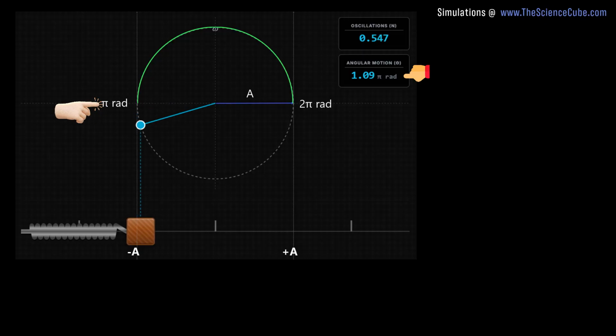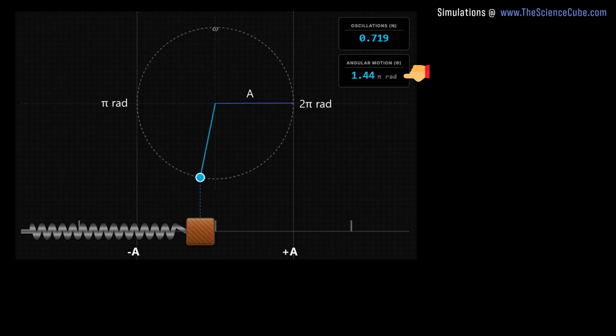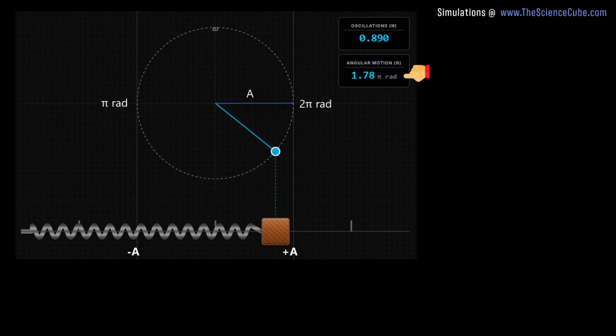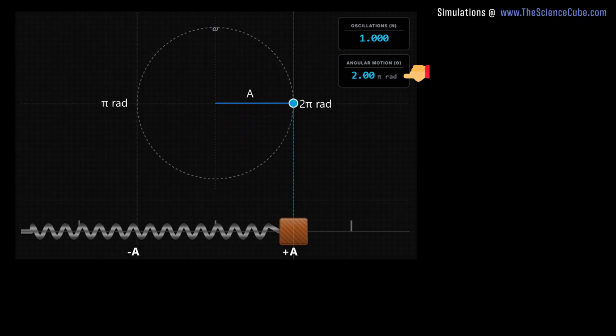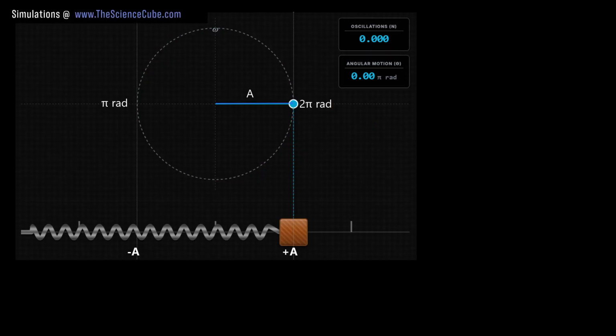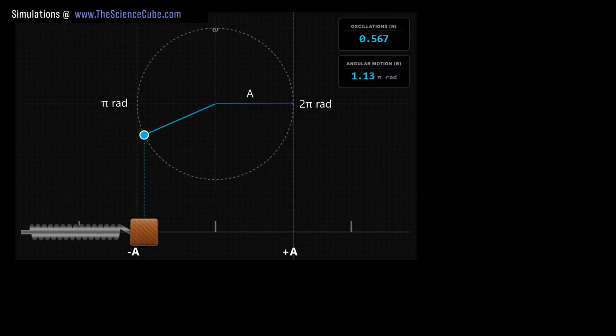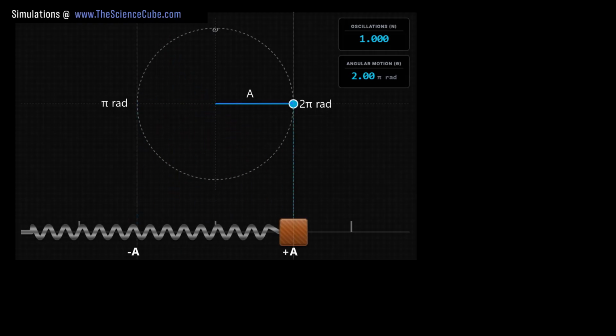Now let us allow the mass to complete 1 full cycle, that is back to plus A, and what you will notice is that the dot has completed 1 full circle, that is 2 pi radians. So we learned something very important here, and that is 1 complete cycle of SHM corresponds to 2 pi radians of circular motion.